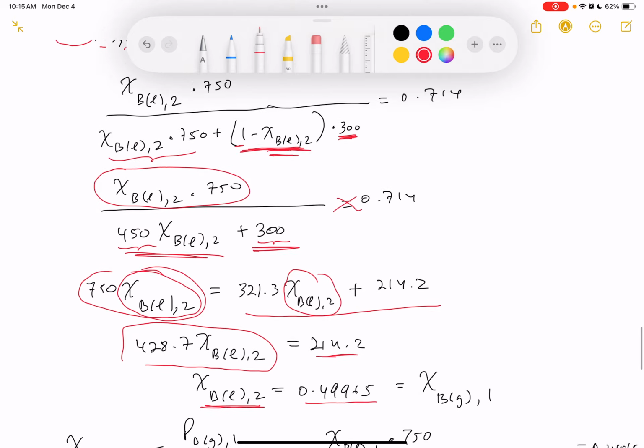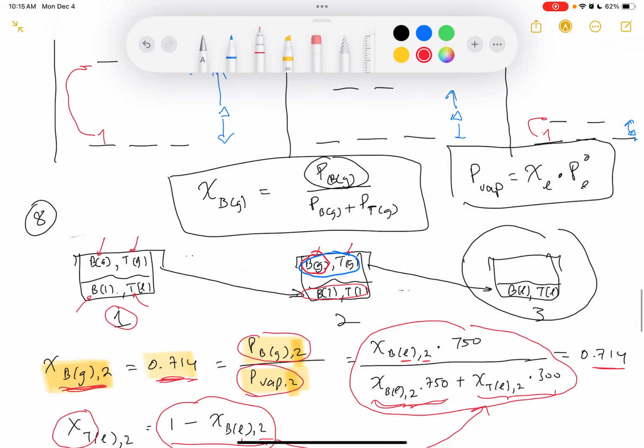Okay, so notice that, going back to the picture here, that's the proportion of benzene liquid in container 2, okay? You see what I'm circling right now. But that liquid comes from the gas in container 1. So in other words, that's the same as the mole fraction of benzene gas in container number 1.